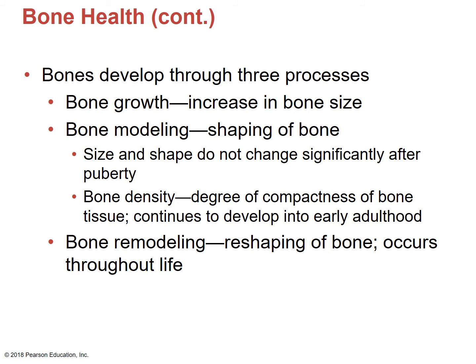The process of remodeling involves two steps: resorption and formation. Bone is broken down through resorption. During resorption, cells called osteoclasts erode the bone surface by excreting enzymes and acids that dig grooves into the bone matrix. One of the primary reasons the body regulates breakdown of bone is to release calcium into the bloodstream.